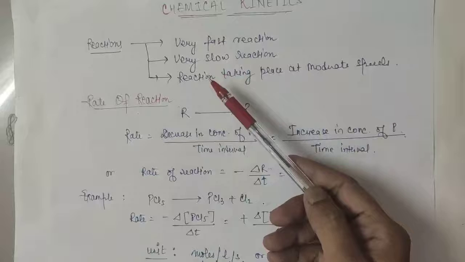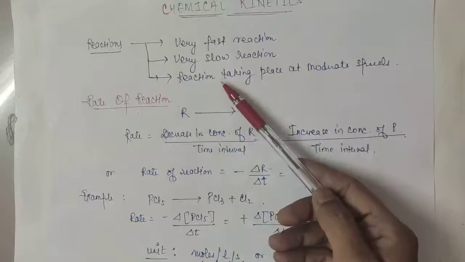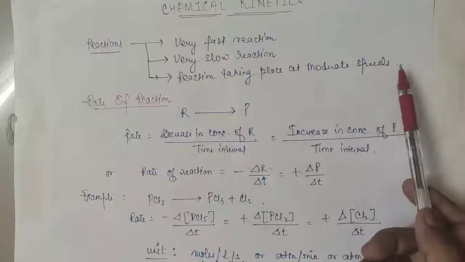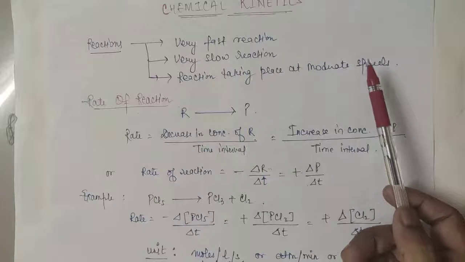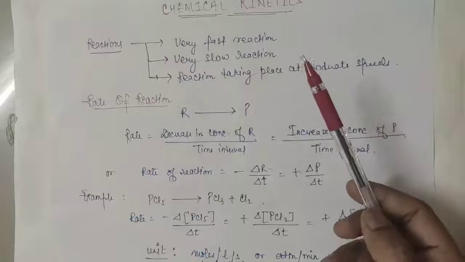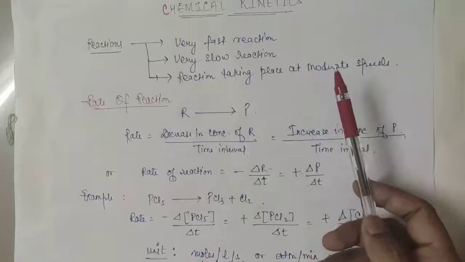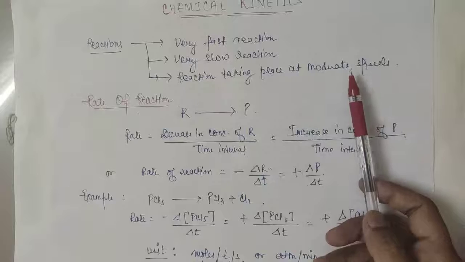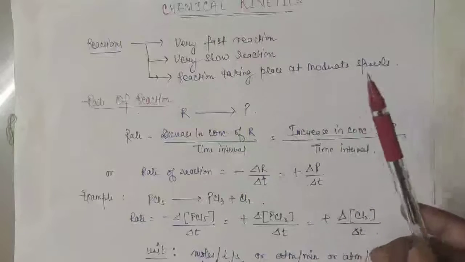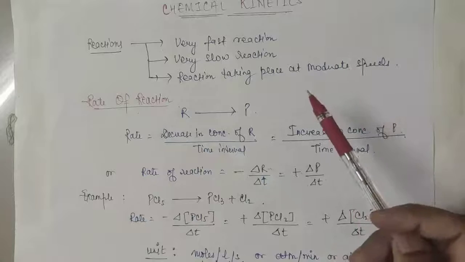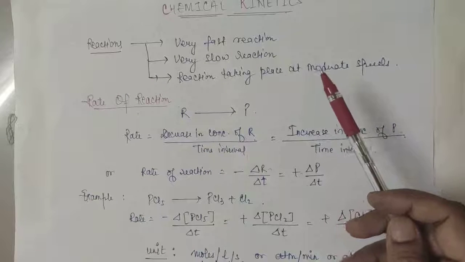Some reactions are neither very fast nor very slow, that is they take place at moderate speeds. For example, the hydrolysis of ester is a reaction with a moderate speed. Also decomposition of hydrogen peroxide is a type of reaction with a moderate speed.